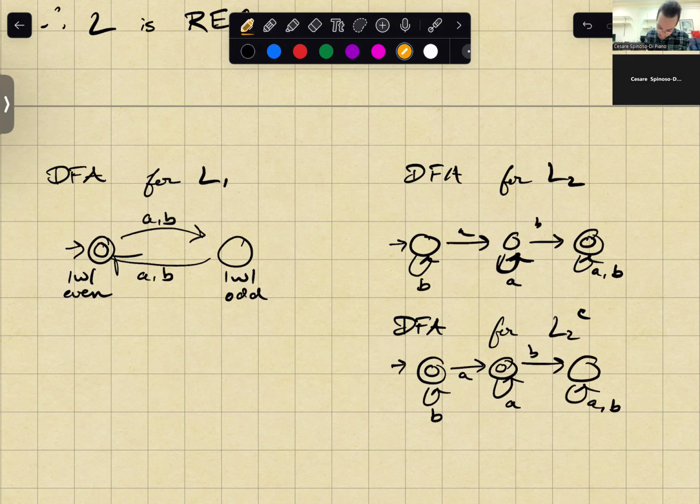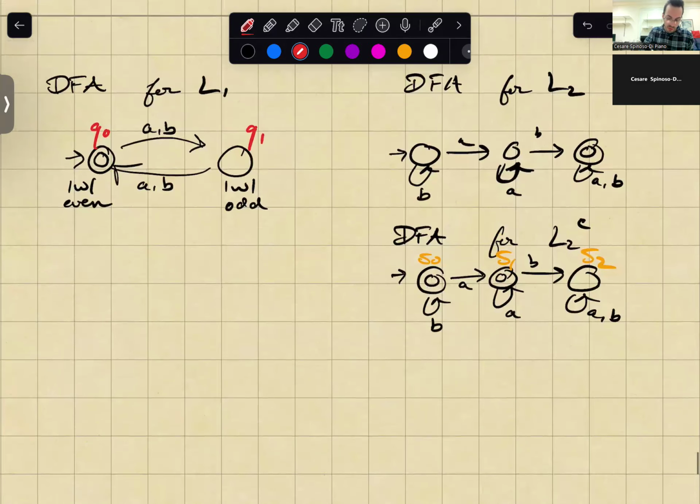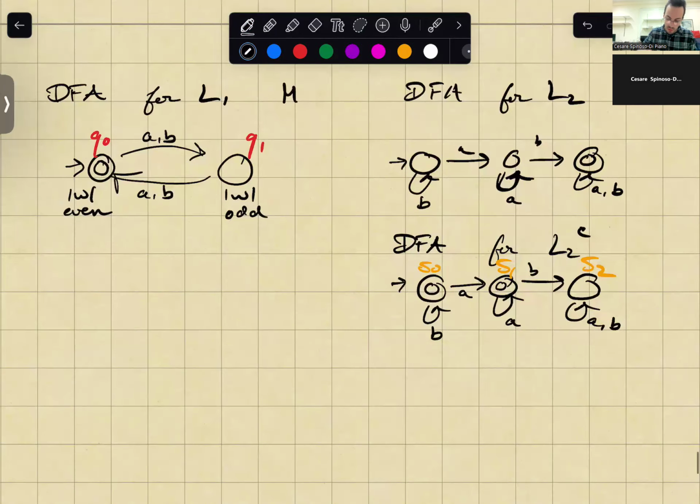Okay, and let's call this S0, S1, S2. And let's call this Q0, Q1. Okay, so now let's do the product construction. So the product construction, I take every possible pairing of states from my machine, let's call this M1, and my machine, let's call this M2.